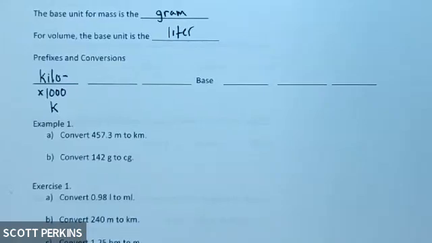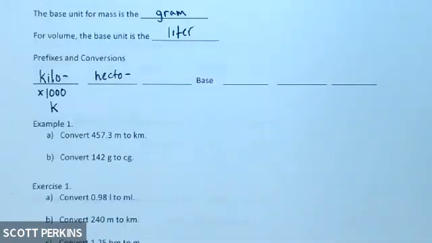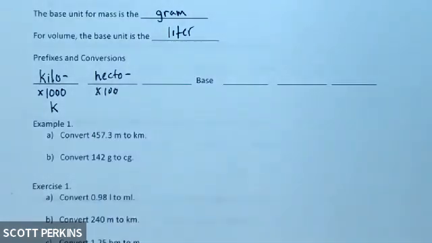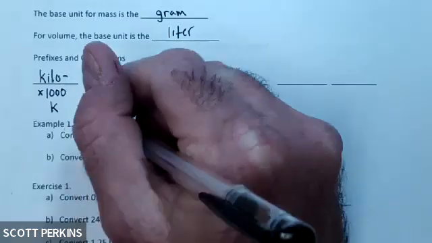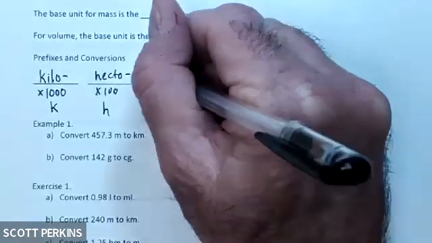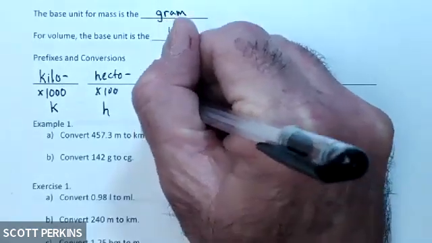The next prefix is hecto. Hecto means times 100. So if you have a hectoliter of something, you have 100 liters. And the abbreviation for hecto is H. The next one's deca. Deca means times 10.